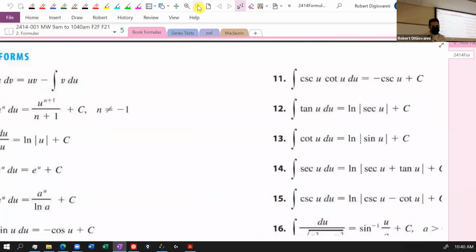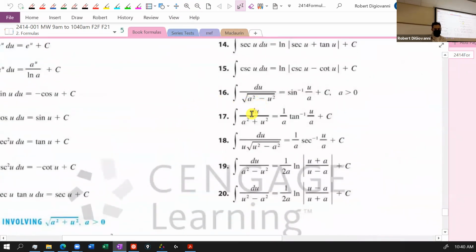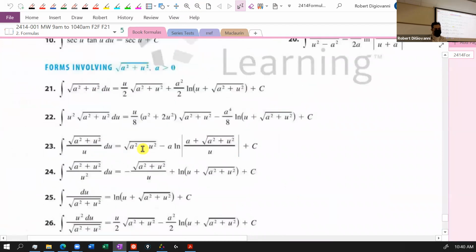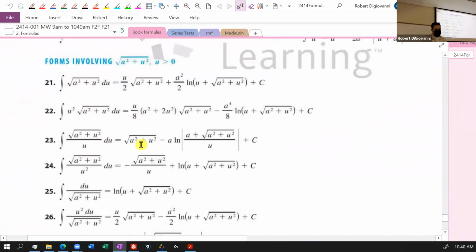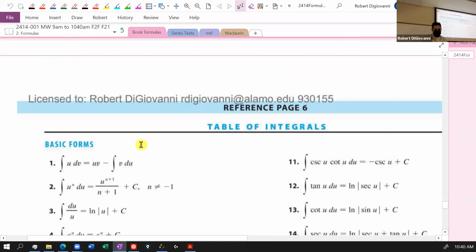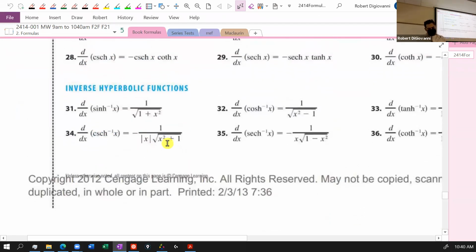It's going to be hard to see. So on your formula sheets for antiderivatives, right here, what did we have? It was the variable squared. You can use anything on this sheet right here. No, it's page 5 on the inverse hyperbolic. Got you. Okay.